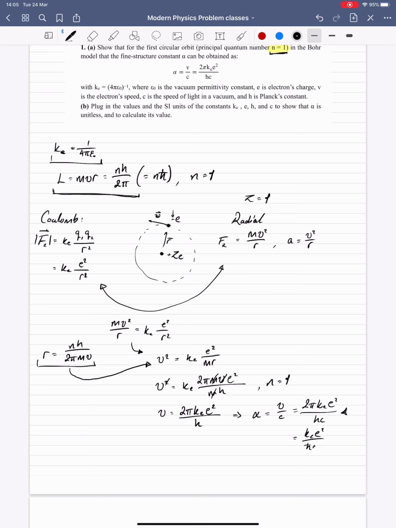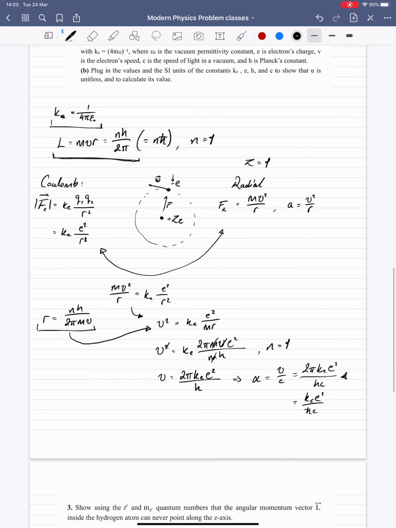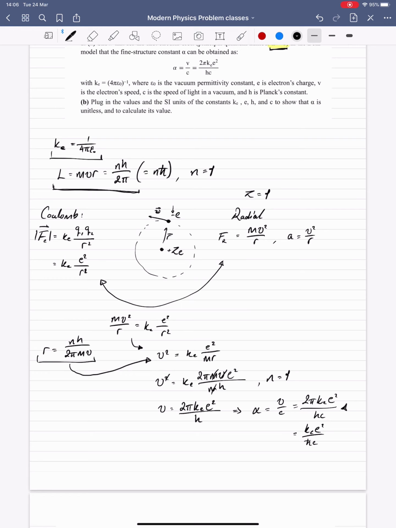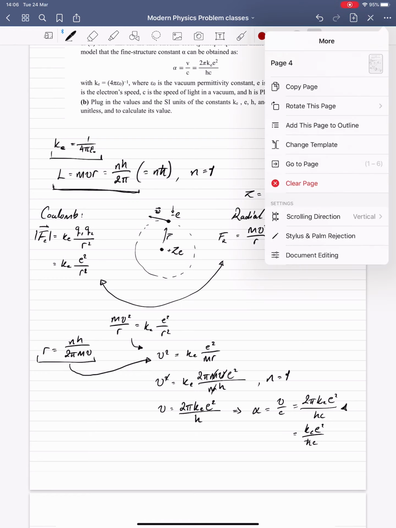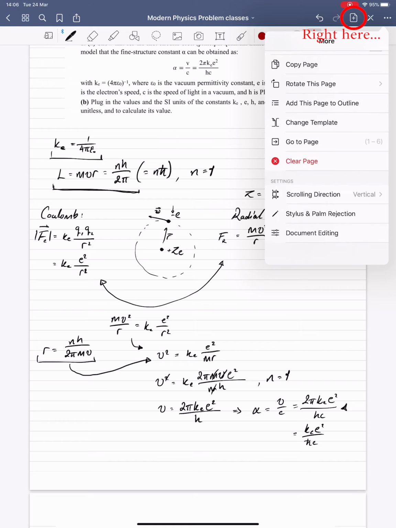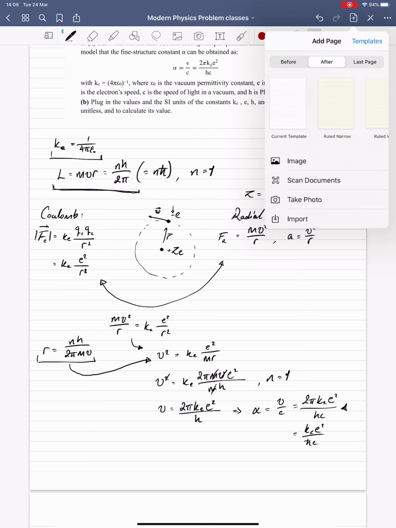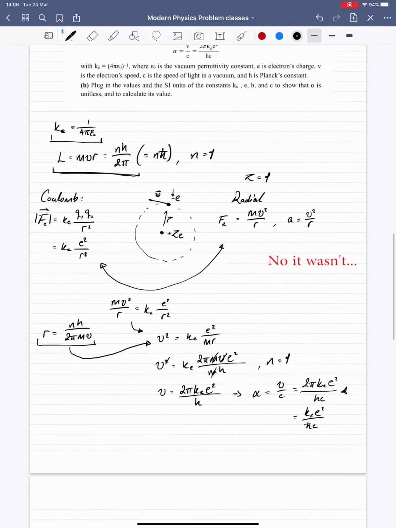And that's also fine. And that's it. That's the first question done. Let's add a page. There we go. That was easy.